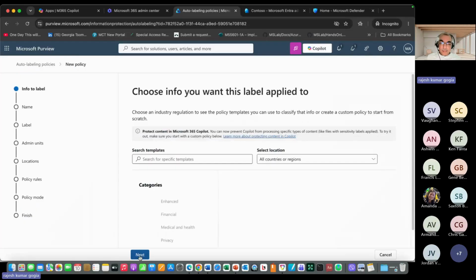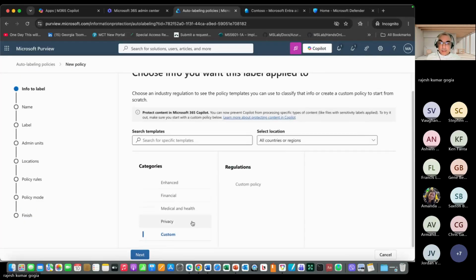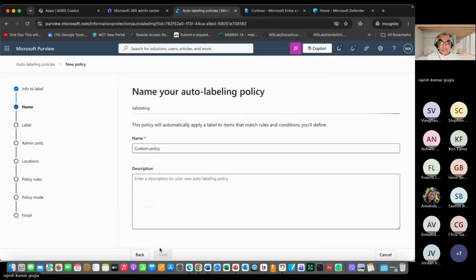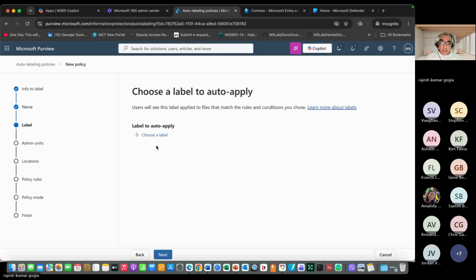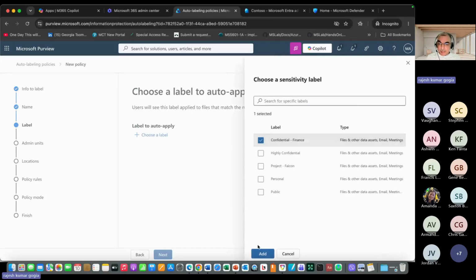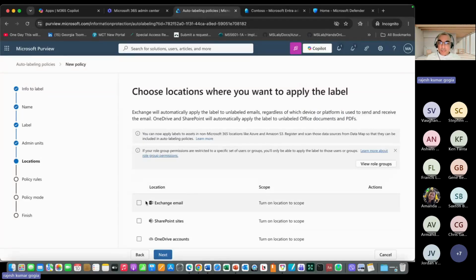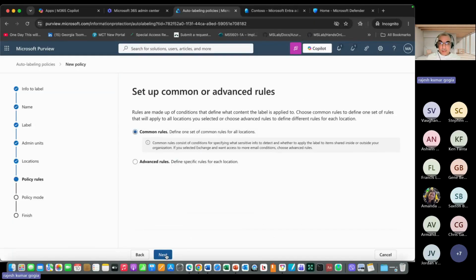Let's say, for example, okay, I want to go with a custom policy. And which label you want to publish. I say this one, auto publish, I mean to say. And then specify the scope. Okay, I want to choose the location. My data resides in Exchange. And I can set up the advanced rules.